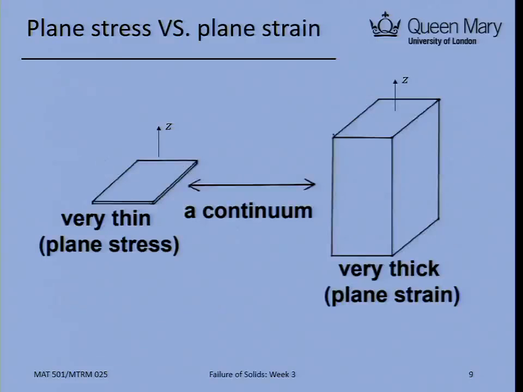What happens? You make your thin paper into a very thick block. The thickness is so large that any in-plane stress wouldn't have any effect on the strain, so the through thickness strain is 0.